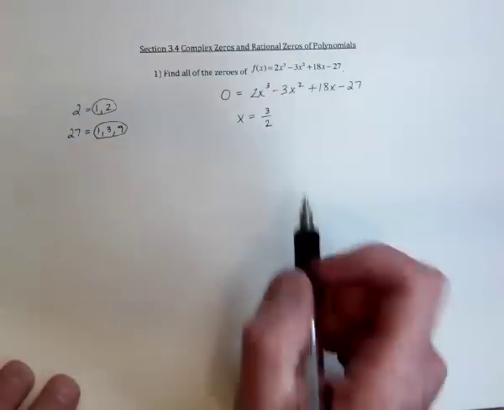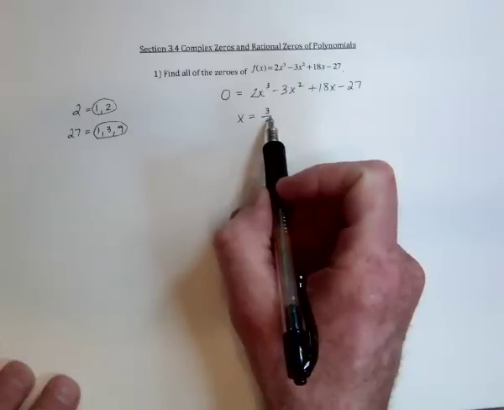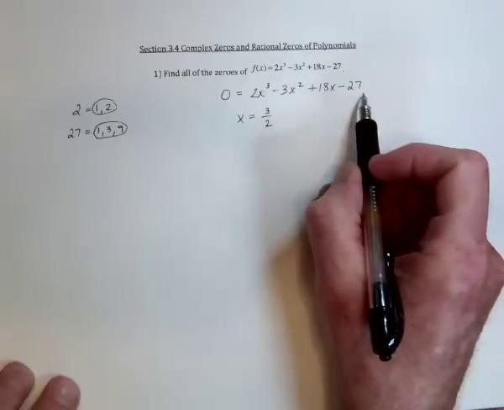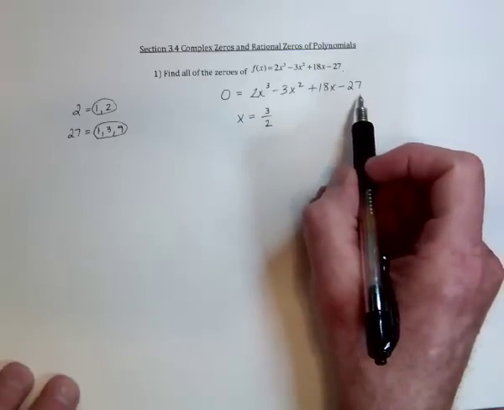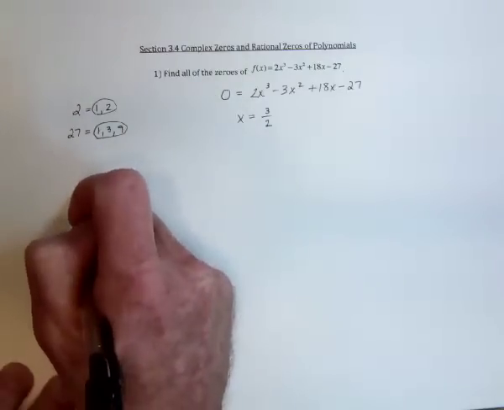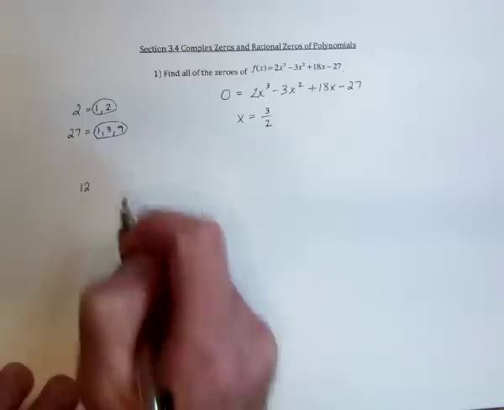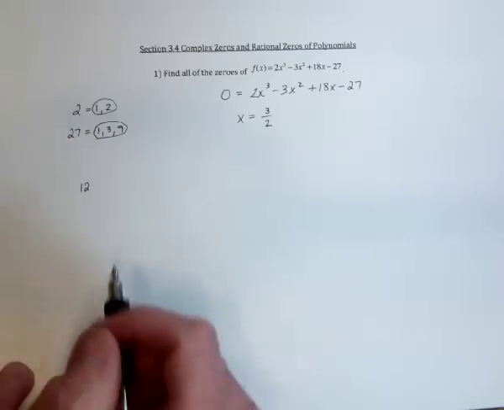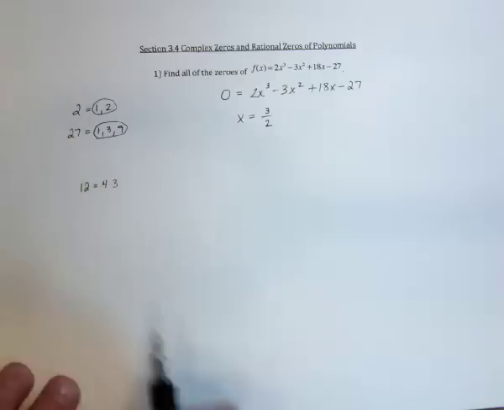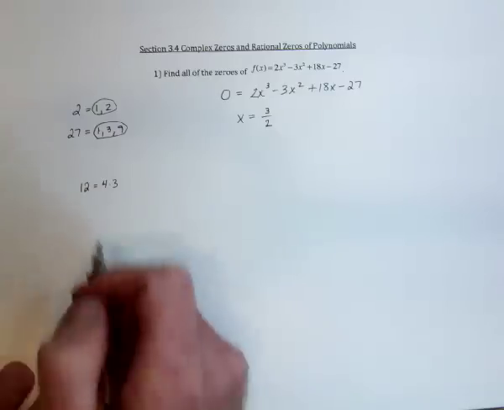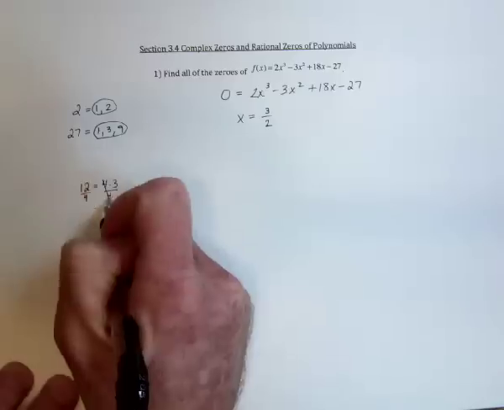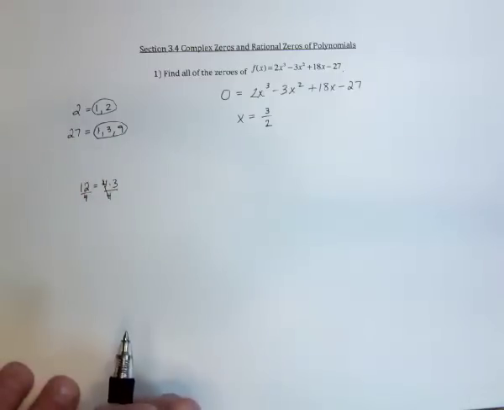And now, if this is one of the zeros, we can use synthetic division to divide that into this polynomial. And if it really is one of the zeros, the remainder will be 0. Let's look at what that's saying. So 12. If 4 is one of the factors of 12, then when I divide a 12 by a 4, it's going to divide evenly and just give me a 3.